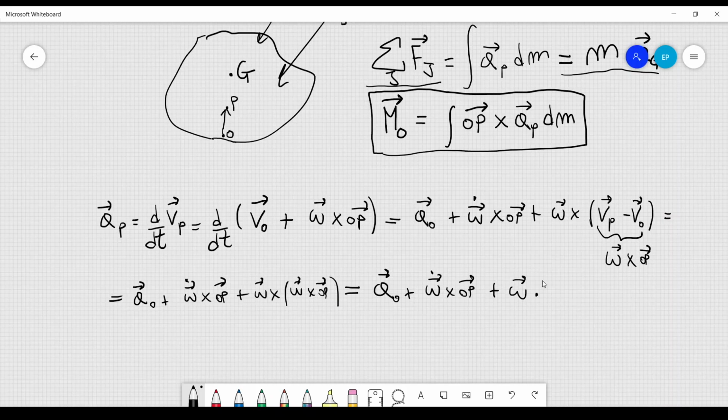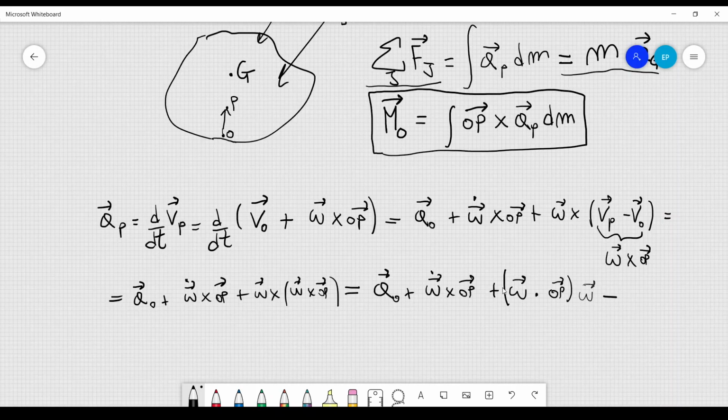So we have omega dot OP, and this multiplies the second vector that we have here, which is omega in this case. It's still omega. And you can see that this is still a vector because we have a scalar. So this is a scalar here, but we multiply the scalar by a vector, so we get a vector.